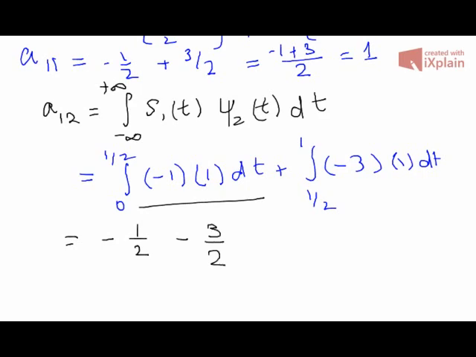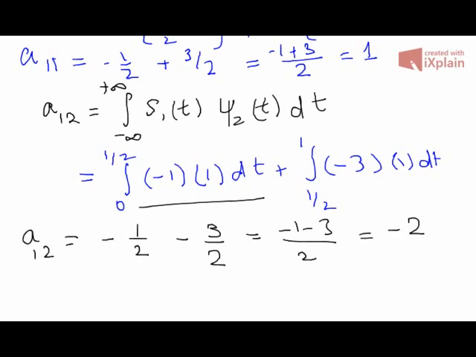So this is actually minus 1 minus 3 over 2, which is minus 2. So your a12 is minus 2.